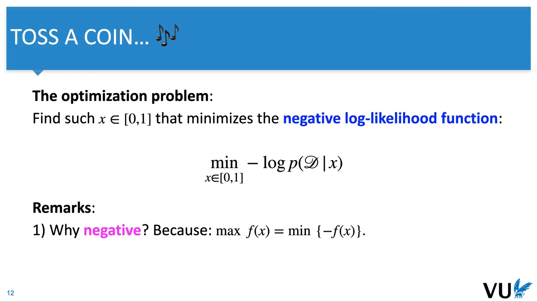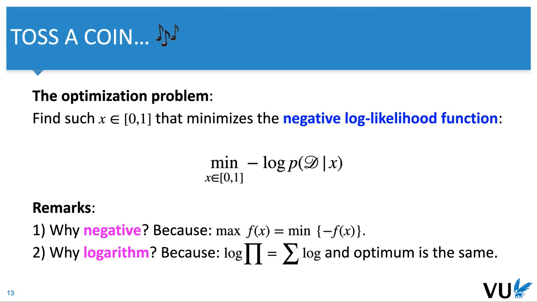And now you can also ask, why do we use the logarithm? The reason is very simple. First, the logarithm of a product is a sum of logarithms. This is very useful because if we consider, for instance, calculating gradients, then the gradient of a sum is just the sum of gradients.